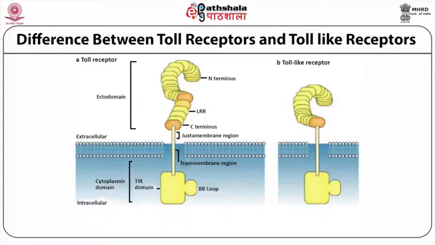The toll receptor has a domain called the ectodomain, with some well-defined structural components. The toll-like receptors have extracellular domains which are a little less complex. As far as the cytoplasmic domain or the transmembrane region is concerned, both classes of receptors are quite similar.